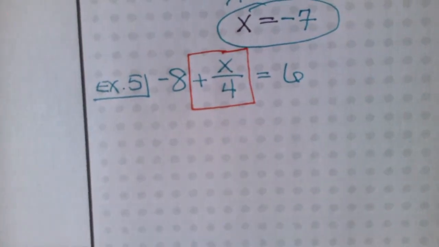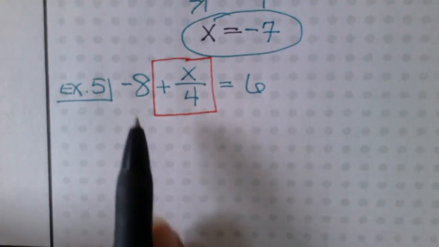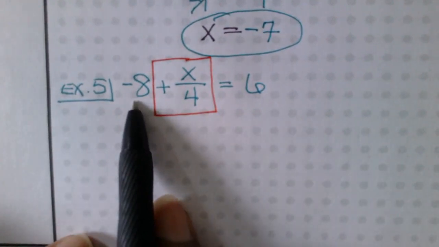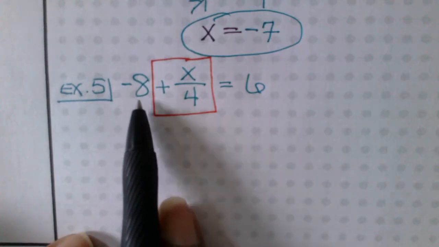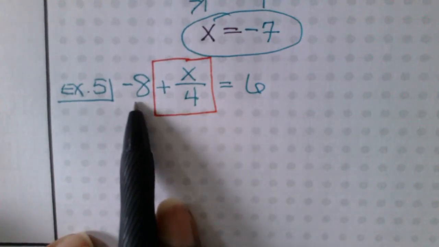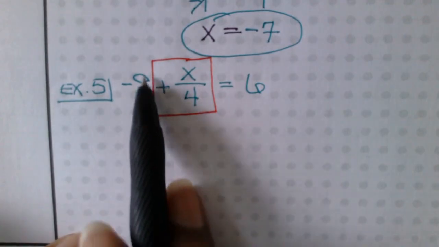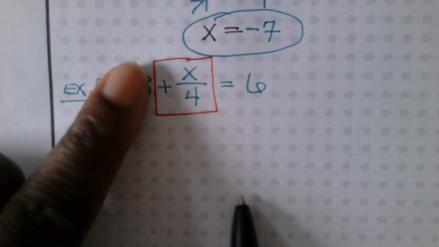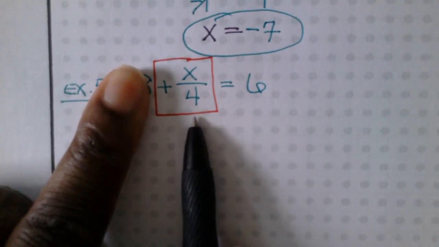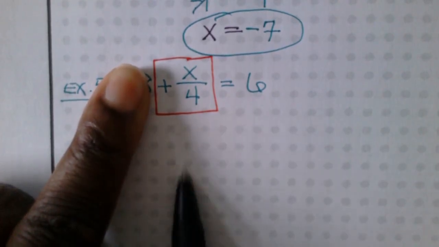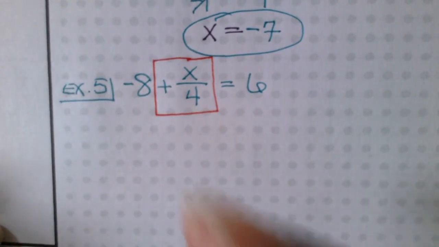All right, so we need to get rid of this negative 8. That's right, we need to do the inverse. In order for us to get rid of this negative 8, so this x over 4 can be by itself on this side of the equal sign, we have to do its inverse, which is add 8.